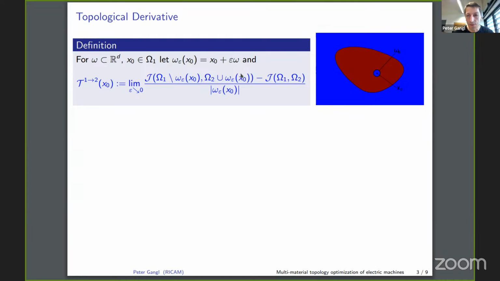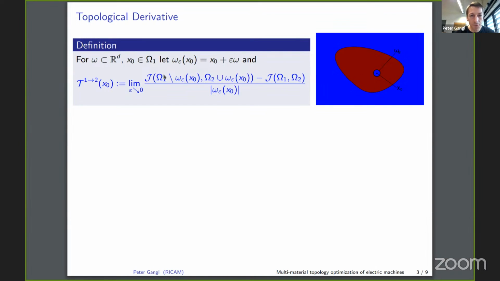So if we introduce this inclusion, I call it omega epsilon, which is just centered at the point x0, has radius epsilon, and its shape is given by what I denote by little omega, but for us it will be just a unit ball.